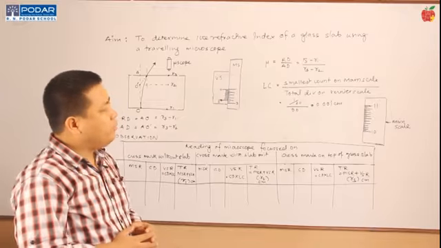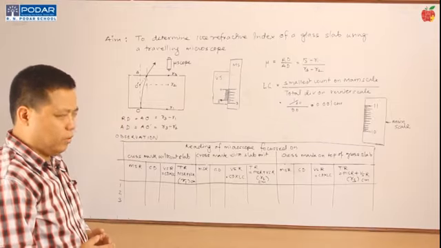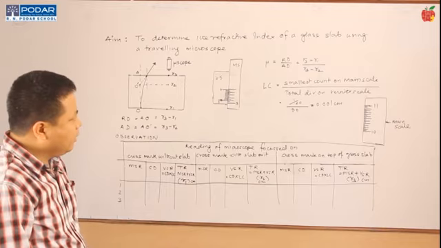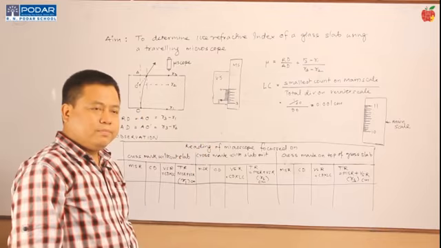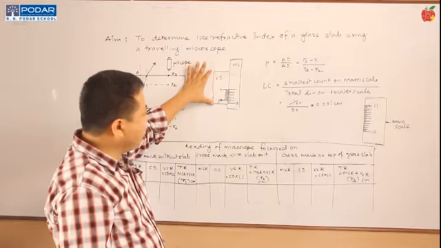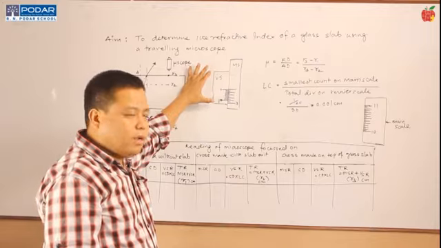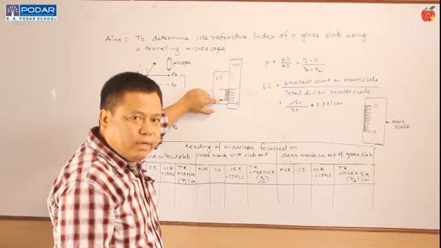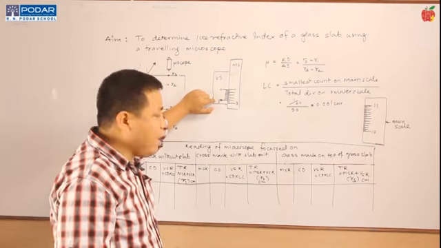Now, I will tell you how to read the main scale and how to read the vernier scale. You have a main scale over here and a vernier scale attached to it. In the vernier scale there are 50 divisions, and at the zero of the vernier scale there is an arrow.